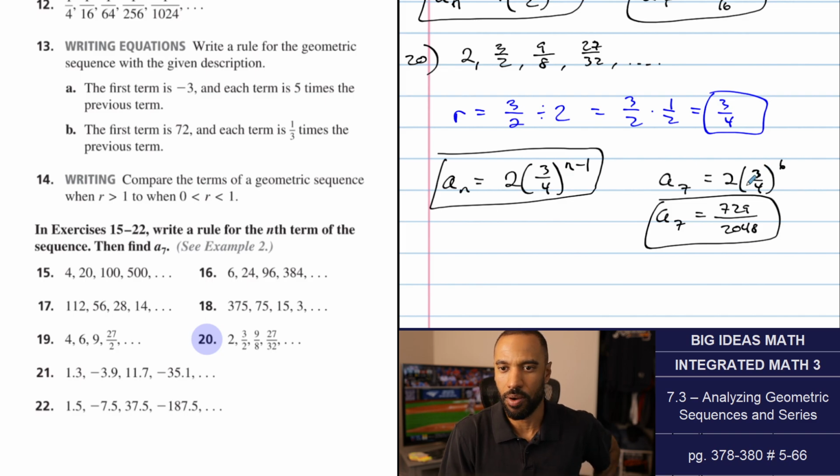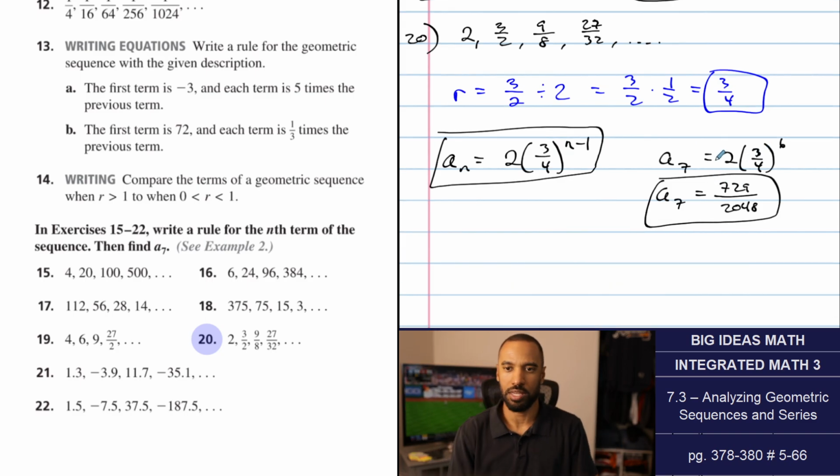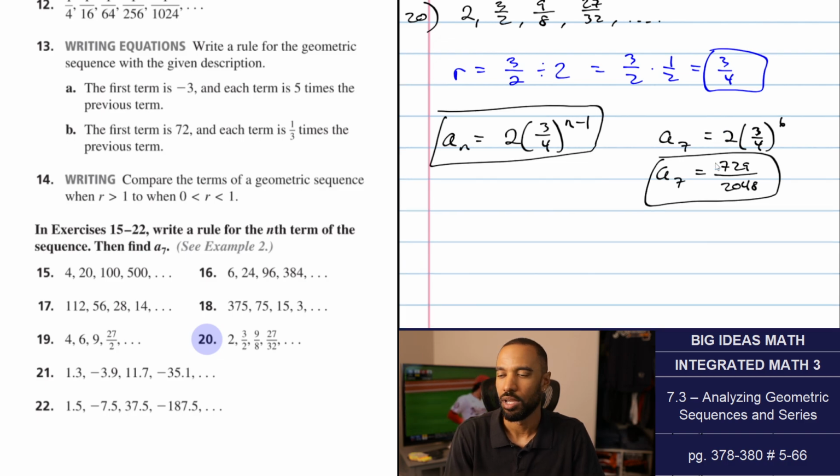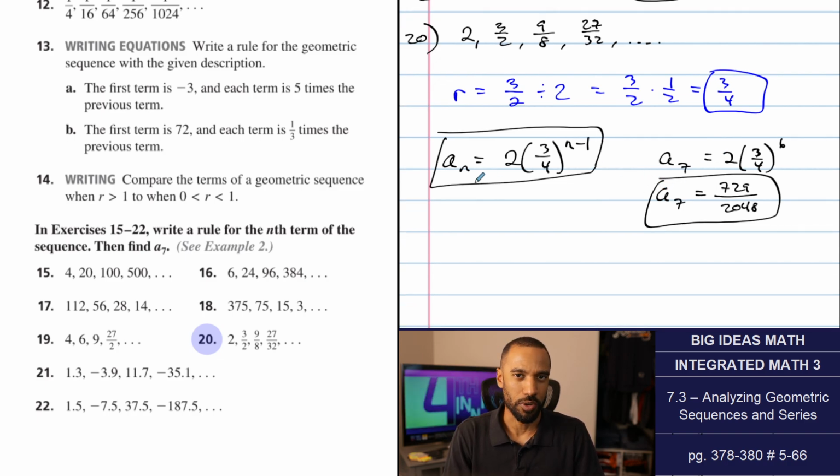If you're really curious about the decimal, you can go ahead and divide that. It's somewhere between 0.3 and 0.4. I don't know what it is, but go gung-ho, guys.